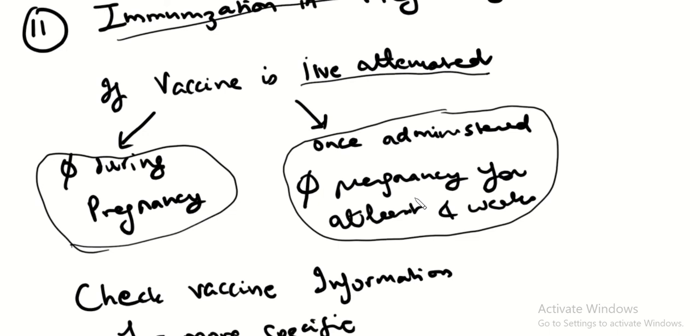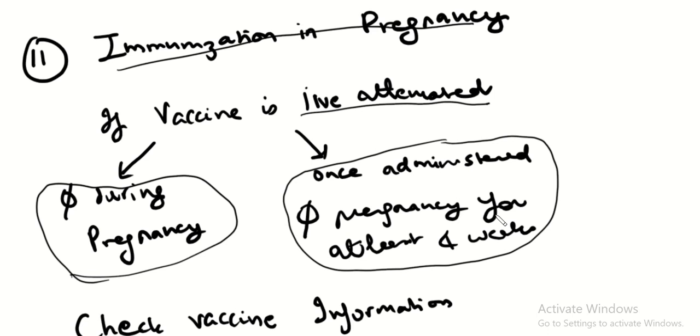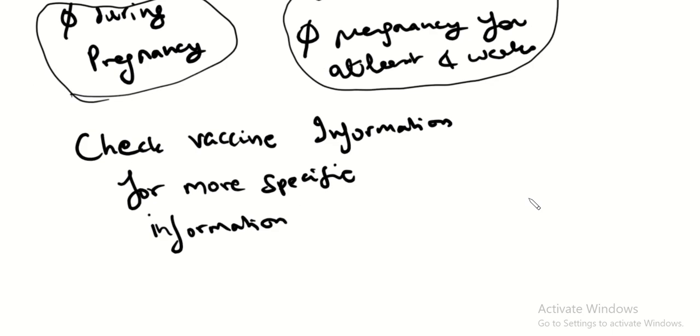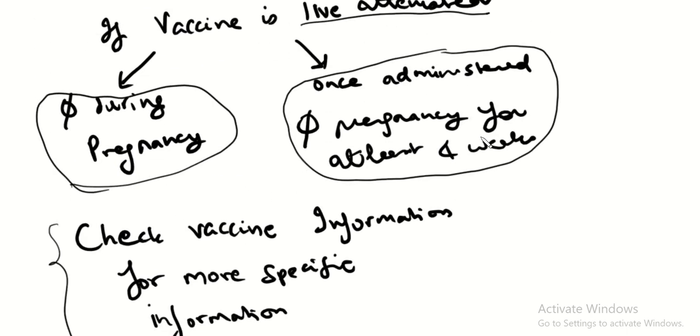So no getting pregnant for at least 4 weeks. That's the key: you can give immunization during pregnancy as long as it's not a live attenuated vaccine. Again, for more specific information, you check the vaccine product insert. I'm giving you some general principles that keep you out of trouble.